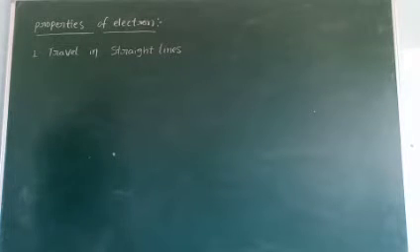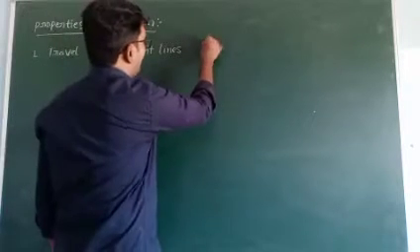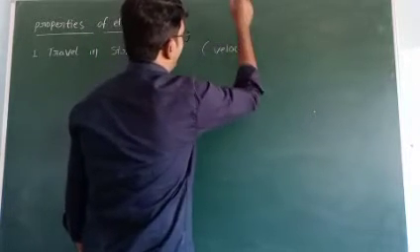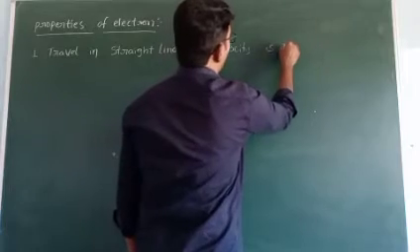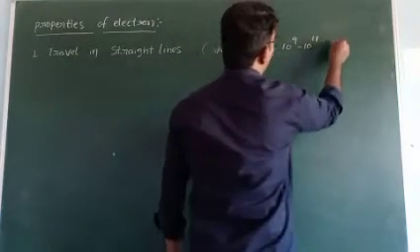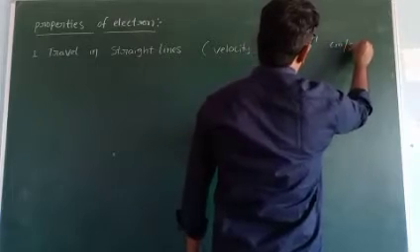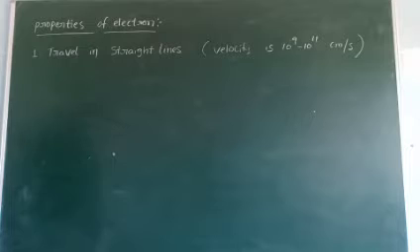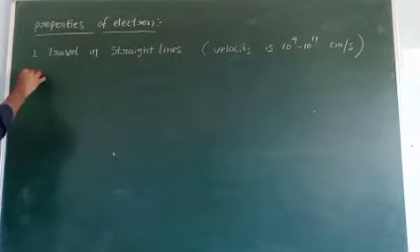The velocity of the electron is nearly 10 to the power of 9 to 10 to the power of 11 centimeter per second. Okay, right.